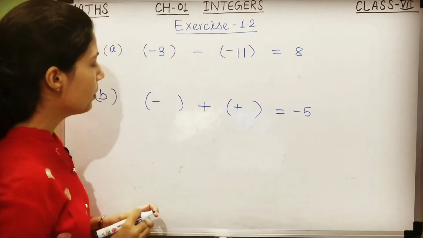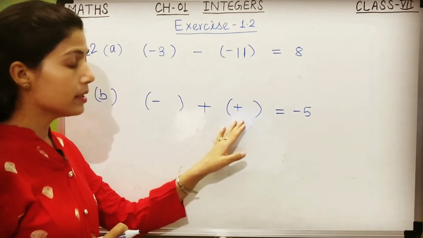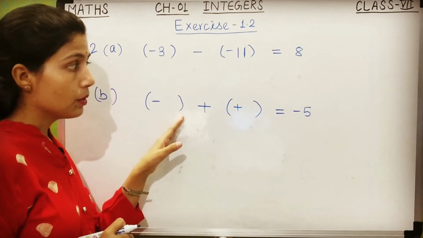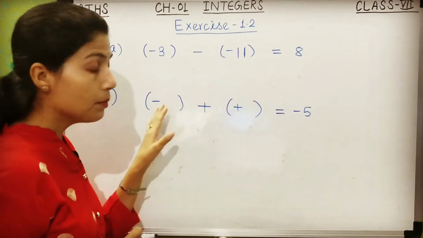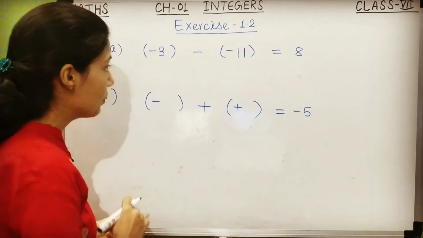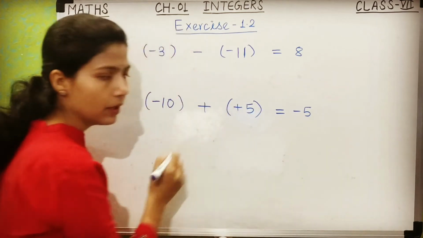So you remember the rules of addition. If one is negative another is positive and there is addition between them. And here the result is negative, it means the number with negative sign will be greater. So I will take here -10 and here I will take 5.